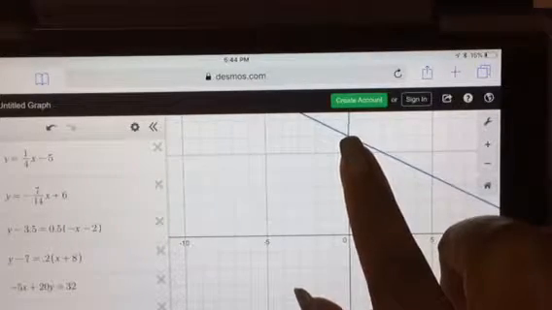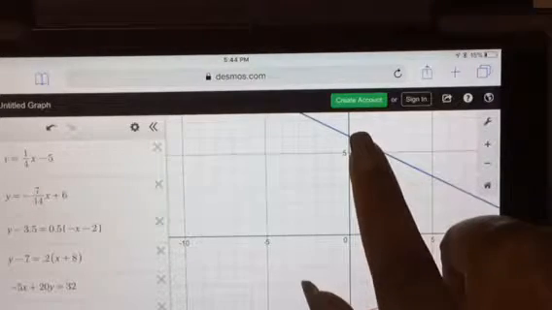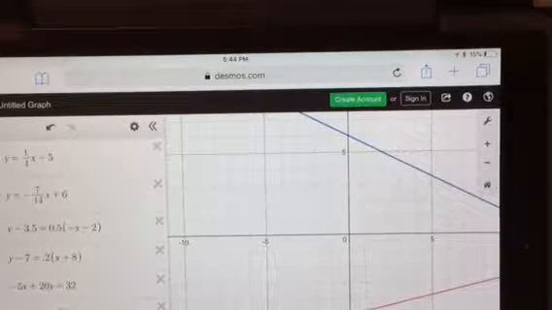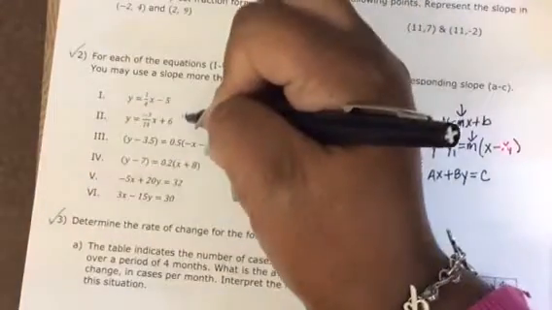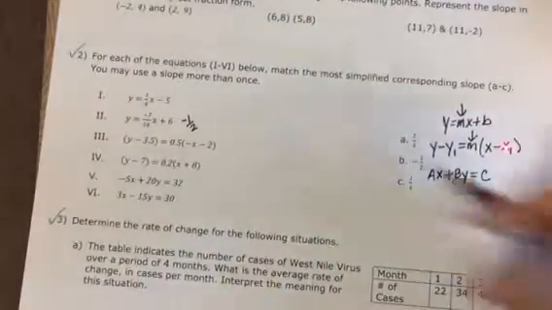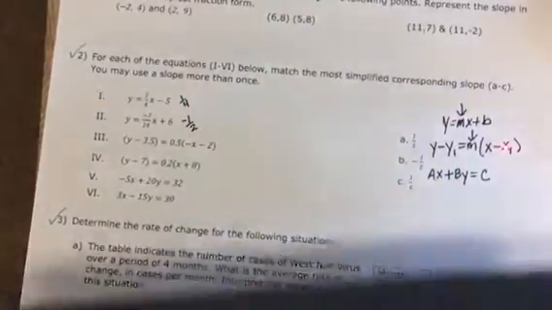If I rise 1, I would go backwards 2, so my slope is negative 1 over 2. I'm going to write that down over here. Negative 1 over 2. And this one we said was 1 over 4.